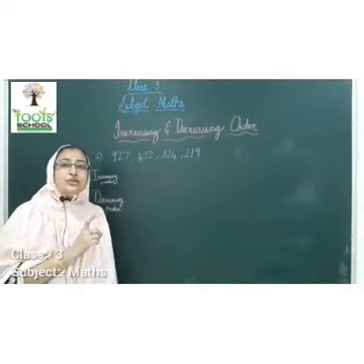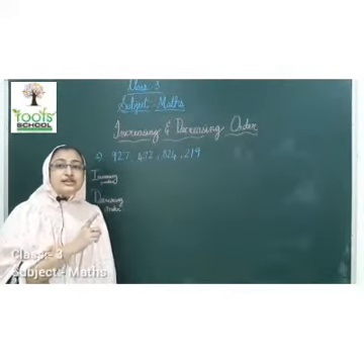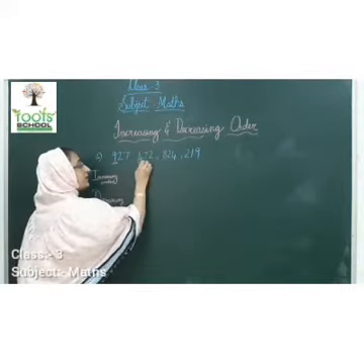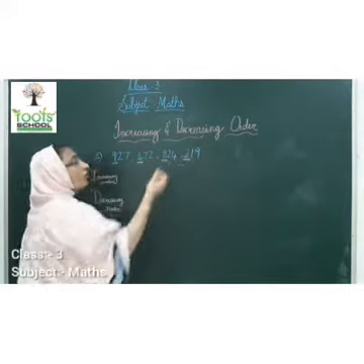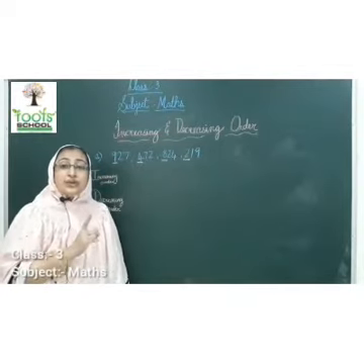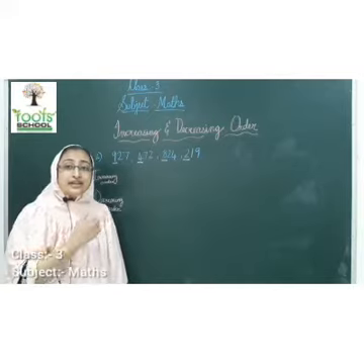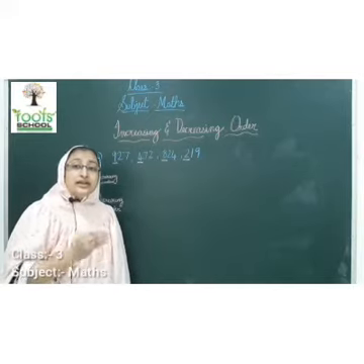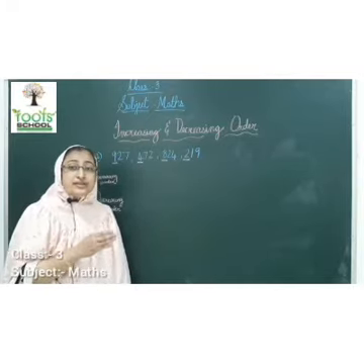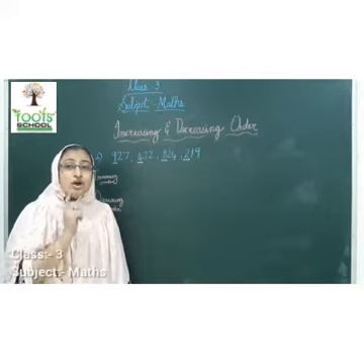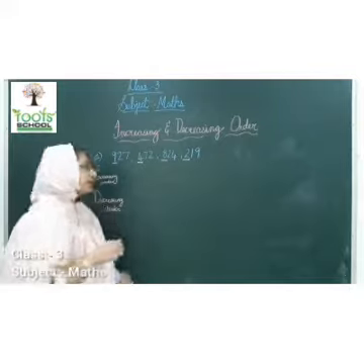Kids, always you have to see the first digit, which is at the hundreds place. When the digits at the hundreds place are different, you have to solve your sum looking at the first digit only. But in case the first digits are similar, then you have to look at the digit at the tens place. Always keep this in mind, okay kids?